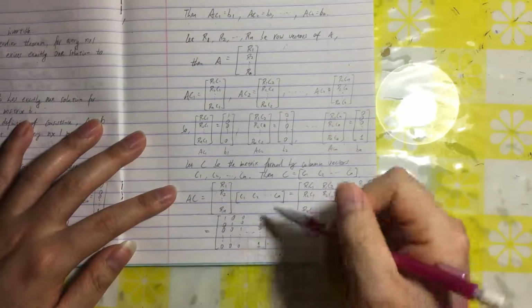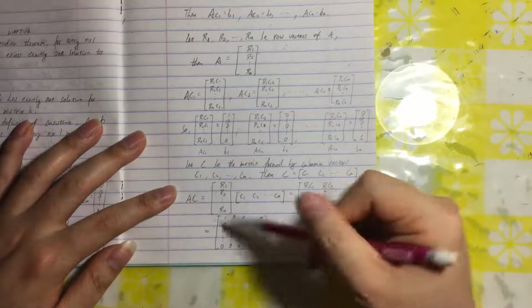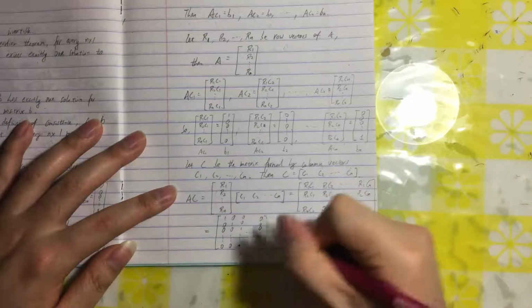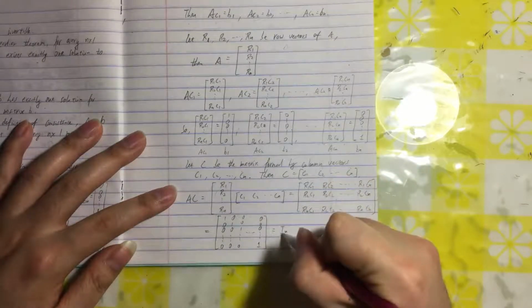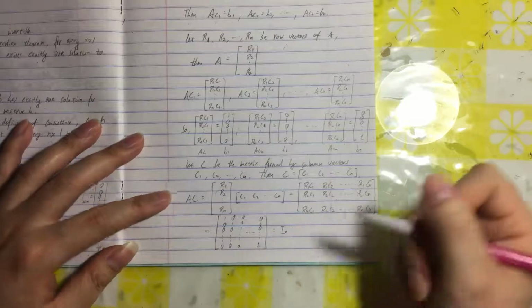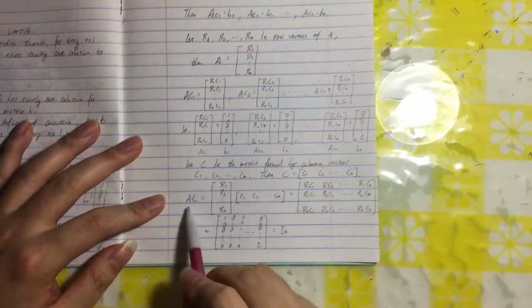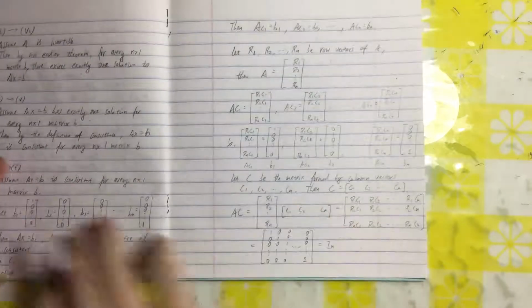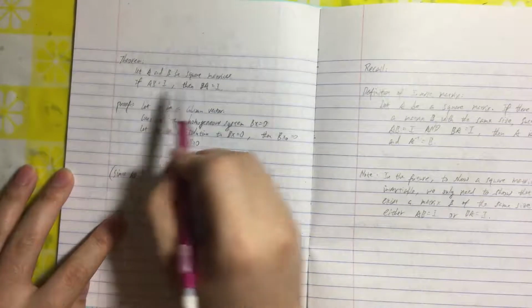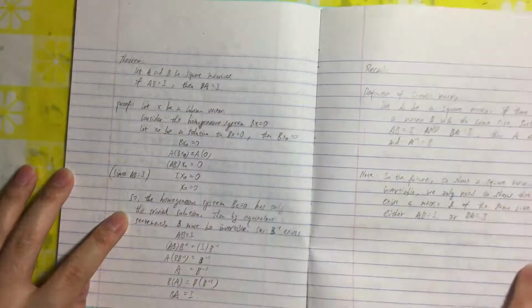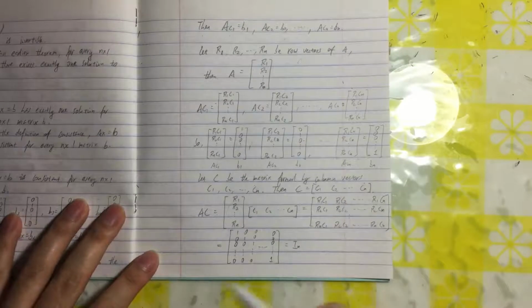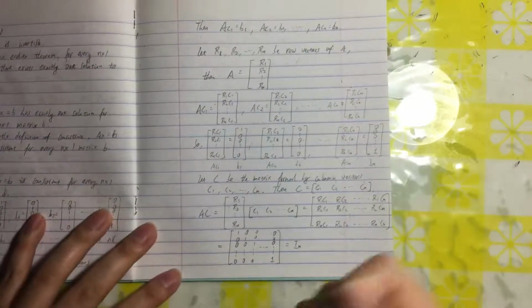In this matrix, we can see that we have 1 in the diagonal. The rest are zeros. This is the identity matrix, In, an n by n matrix. If A times C is identity, then by the previous theorem, if A times B is identity, then B times A is also identity. Similarly here, if A times C is identity, that means C times A is also identity.